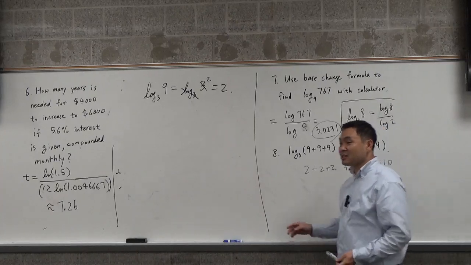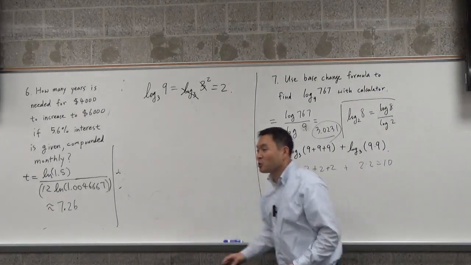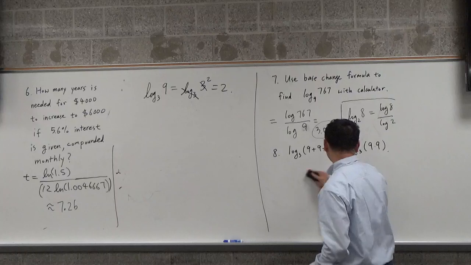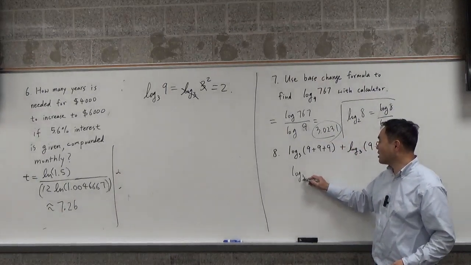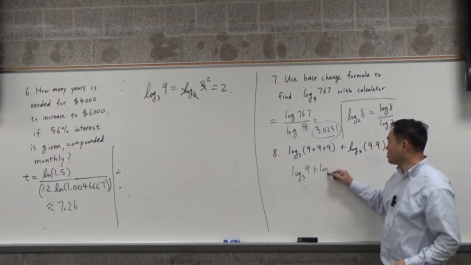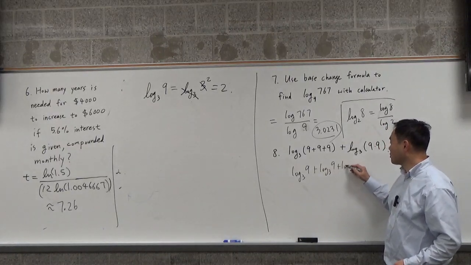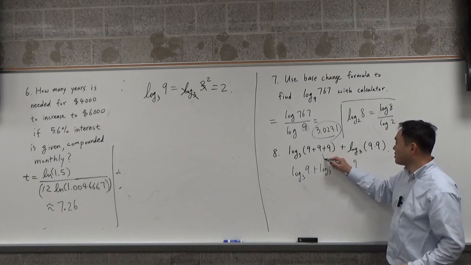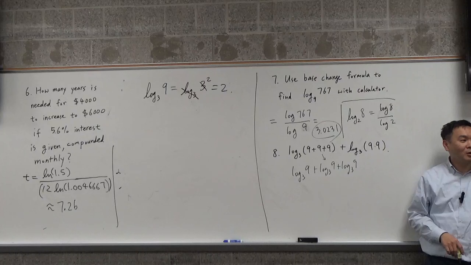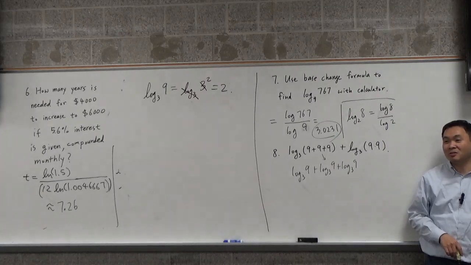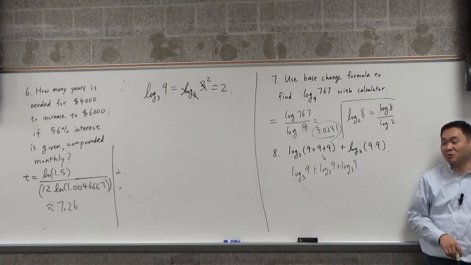That's illegal. Let me put this more convincingly so you know what I'm trying to say. Can I say this is log base 3 of 9 plus log base 3 of 9 plus log base 3 of 9? Is that okay? No. You shouldn't do that. That's not true.